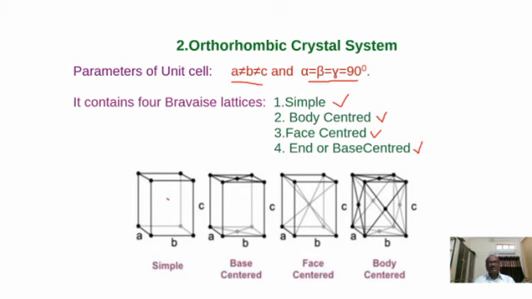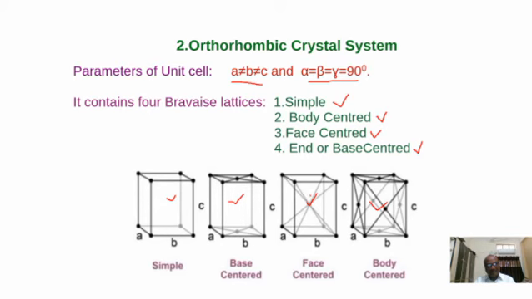Here you can see it is simple, whereas this is end-centered or base-centered, this is body-centered, and this is face-centered. So the orthorhombic crystal system has 4 Bravais lattices, whereas the cubic crystal system has only 3. These 4 are the different ways of arrangement of lattice points.